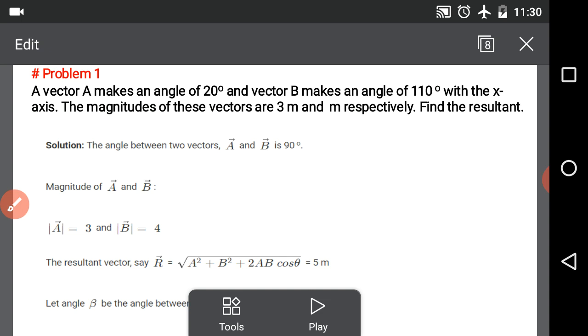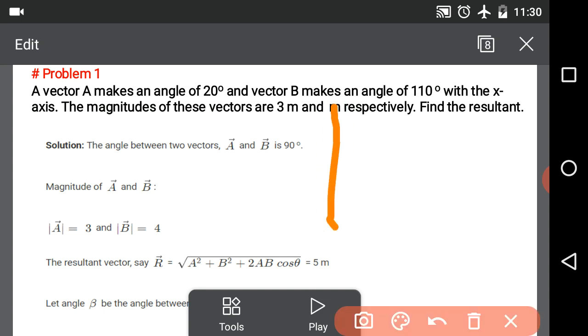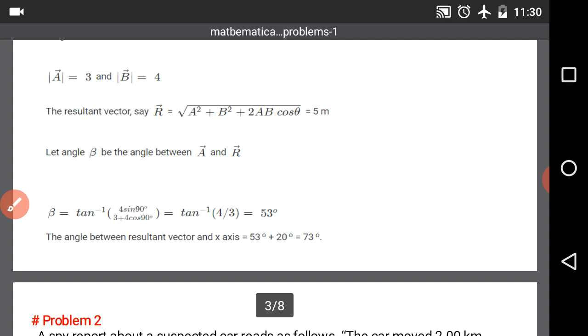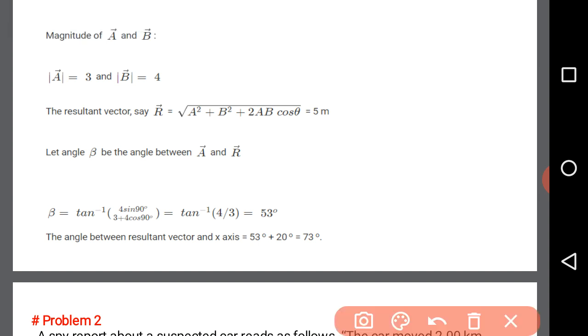According to the law of parallelogram, the formula for the resultant is R equals root of A square plus B square plus 2AB cos theta.